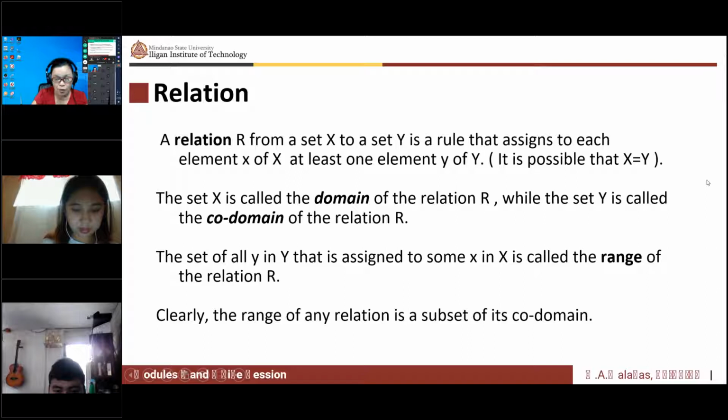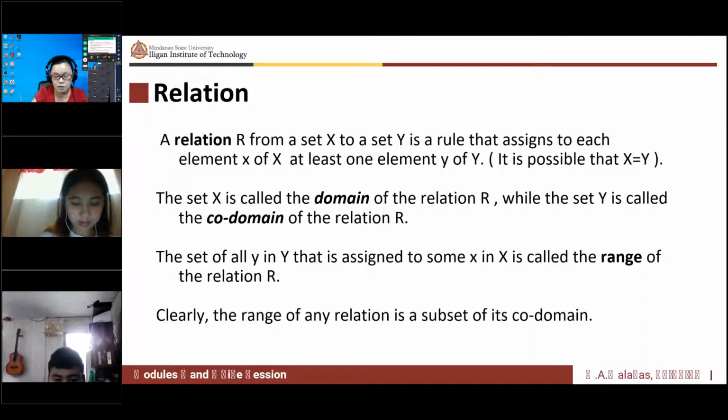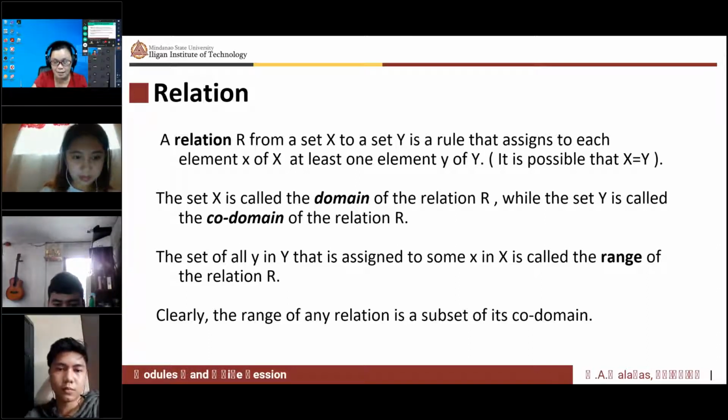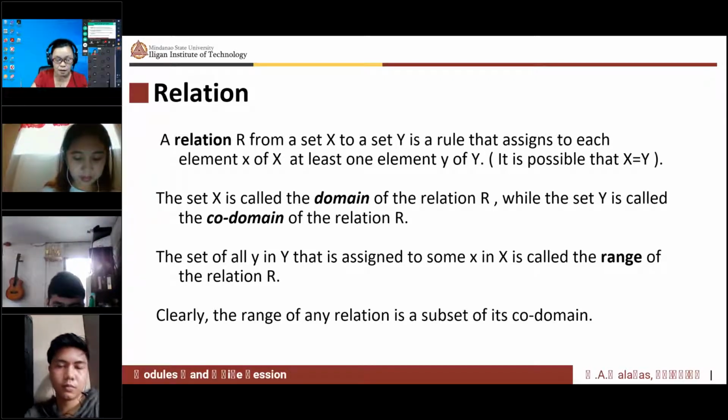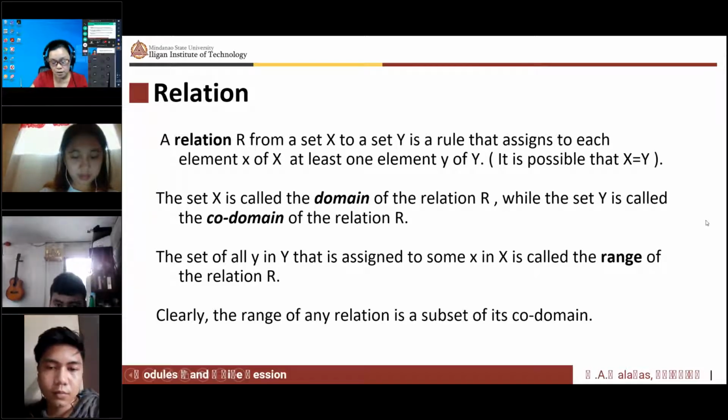The set of all y in Y that is assigned to some x in X is called the range of the relation R. Remember, the relation R only emphasizes that every element in the first set has at least an element in the second set as its pair.